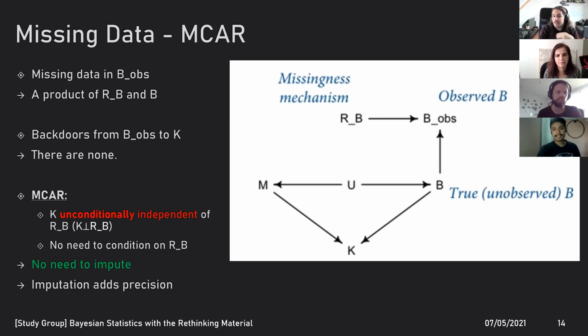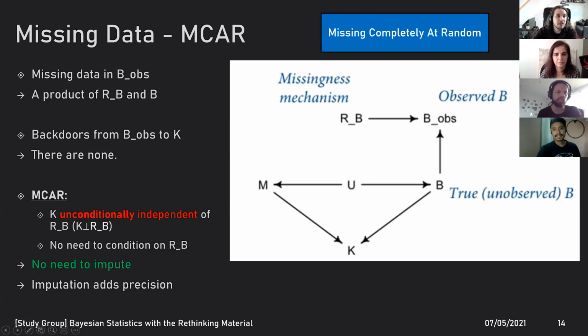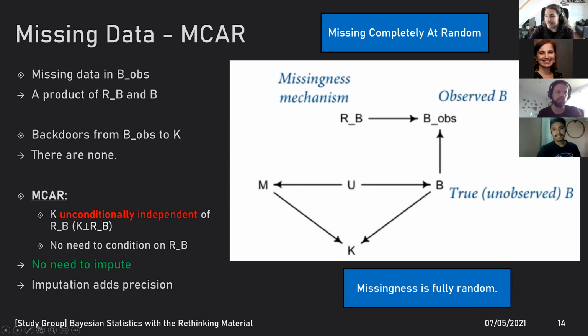In this case, K is unconditionally independent of RB, which means we don't have to account for that process. So we don't need to condition on RB. We have no need to impute anything here. But if we were to impute the true brain percentages, then we could add precision to our models, but we don't have to. So this is missing completely at random, where the missingness is fully random.